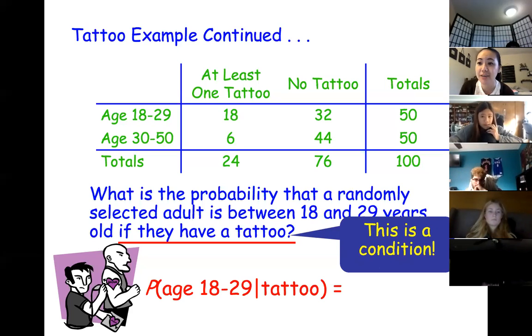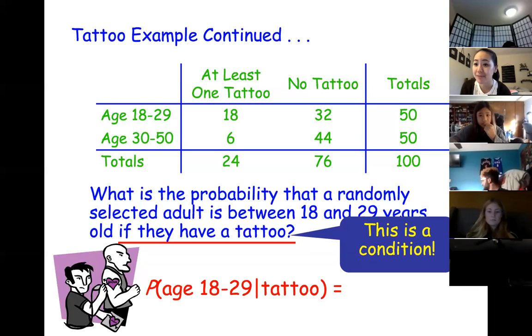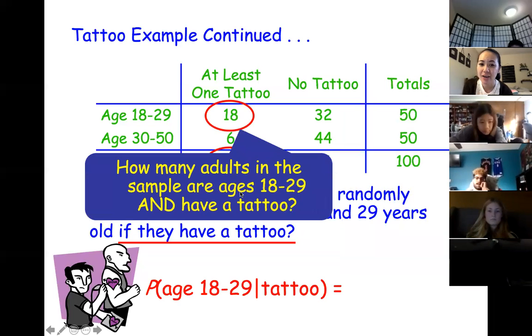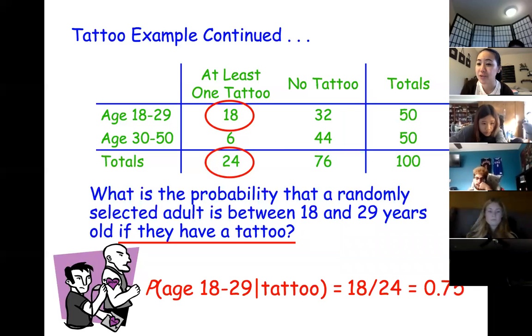Good, still 18, over how many people just have a tattoo? 24. Yeah, there you go. So 18 out of 24 gets you 0.75.